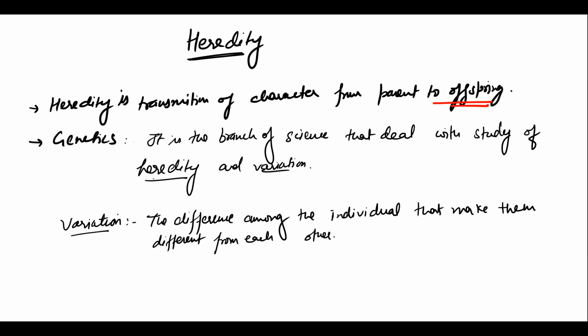And what type of characters are not transferred from parents to offspring? Those changes or characters that a person gets after birth. For example, if a person starts weightlifting and gets good body muscles, it does not mean this change in his body is transferred to his kids.